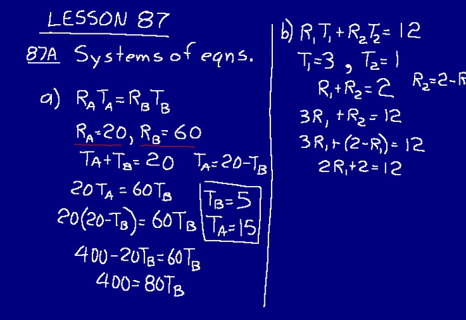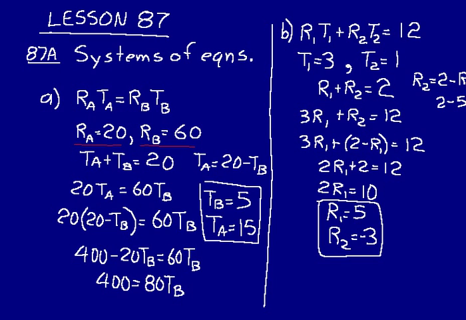Subtract 2 from both sides and we'd have 2R1 is equal to 10. And so R1 equals 5. Now, we can solve for R2 because we know what R1 is. Go back up to R2 equals 2 minus R1 and we'd have 2 minus 5. So R2 is equal to a negative 3.